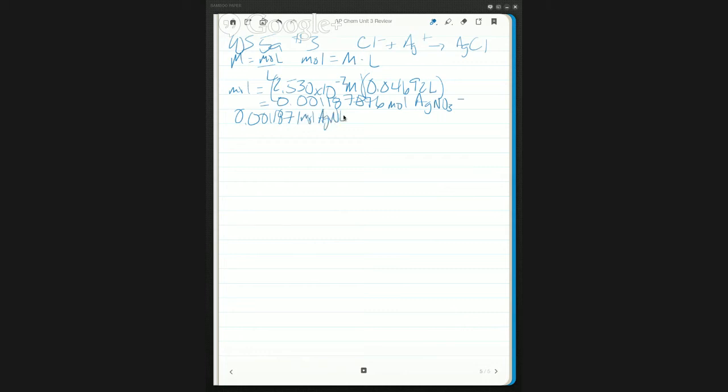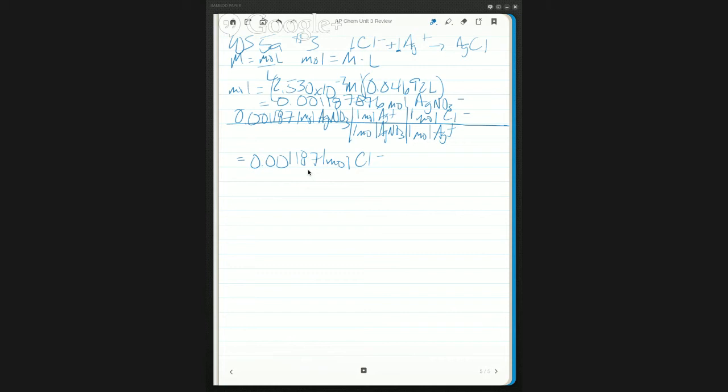For every 1 mole of AgNO3, we get 1 mole of Ag plus. For every 1 mole of Ag plus, now we're talking about the balanced equation up here, we get 1 mole of chloride, which means that we have 0.0011871 moles of chloride.